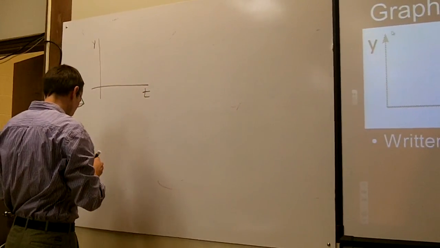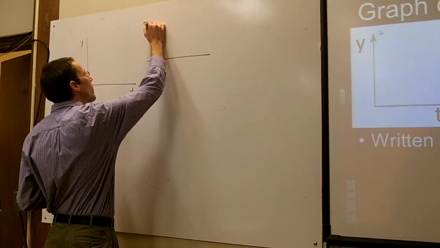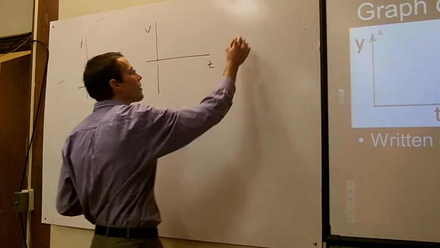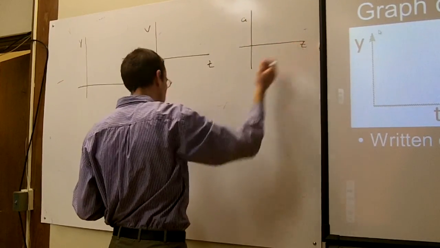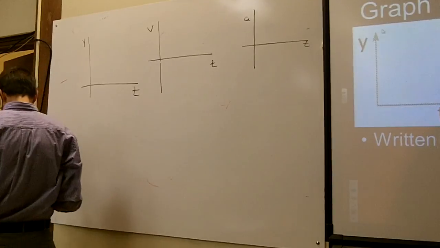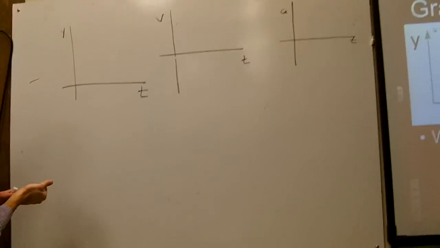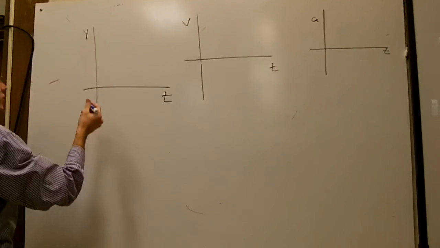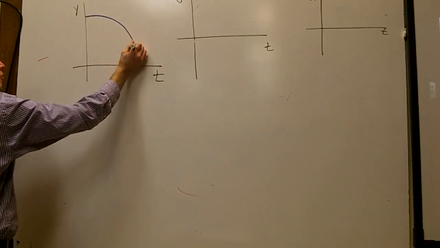So specifically for our egg drops, we have our usual suspects from last unit: y versus t, v versus t, and a versus t. Our y versus t slopes down like this.